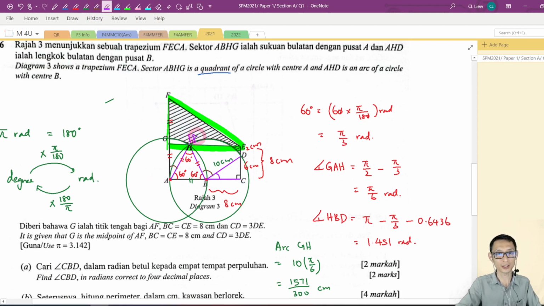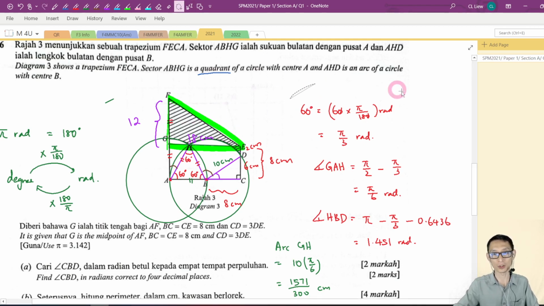This is equal to 18 centimeters. And how do we get the length here? Because I'm planning to use the Pythagorean theorem to get the length of the hypotenuse. So here the whole is 20. 20 minus 8, you will get 12. So now you have 12, you have 18. You can use the Pythagorean theorem to help you get the length of EF.